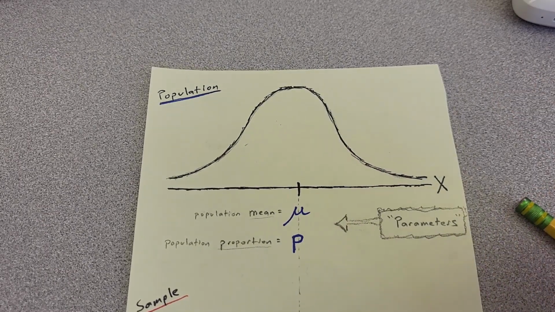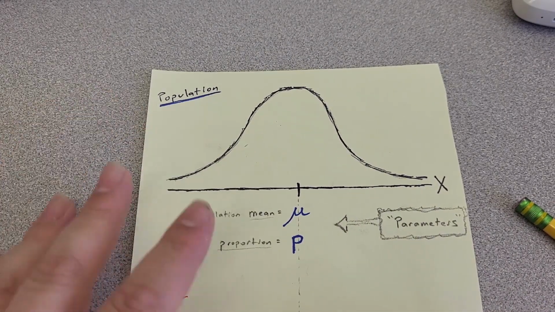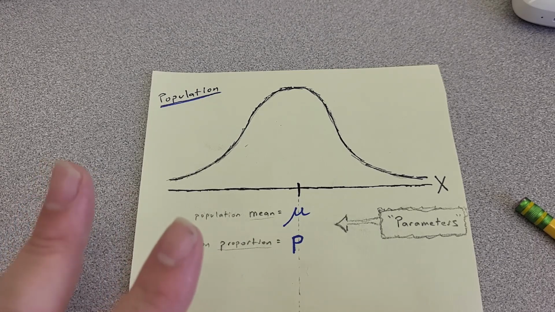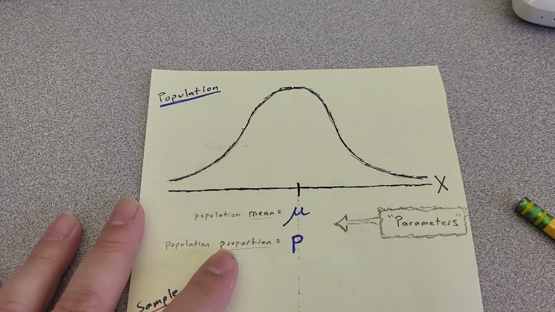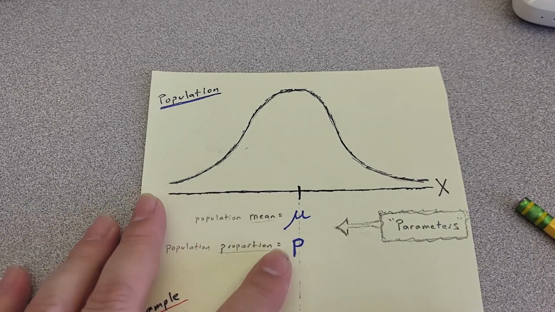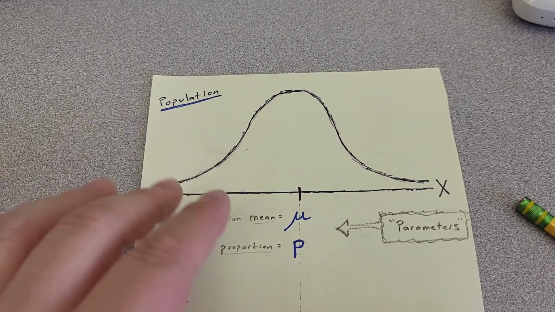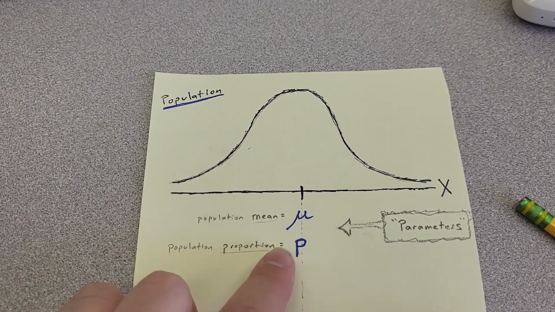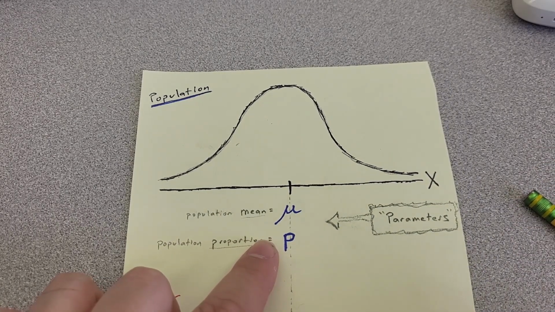But in order to calculate those, we would have to ask everybody in the population so that we could get all of the numbers in order to do the entire calculation. And we can't realistically ask every last person. So even though that number does exist, we cannot ask everybody in order to figure out what this number actually is. That number is out there, but we just don't know what it is.